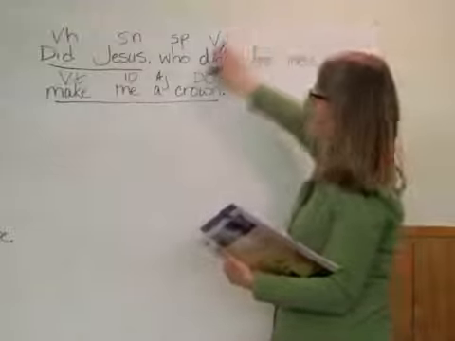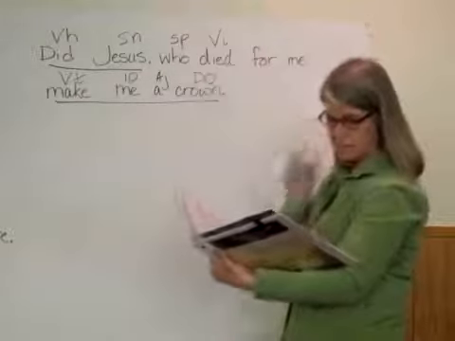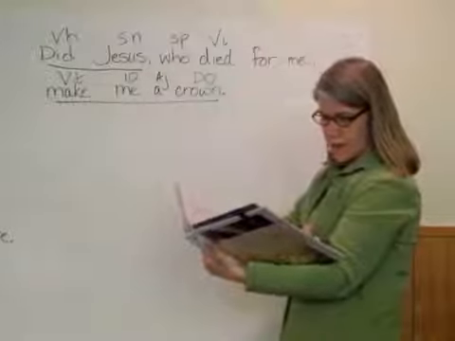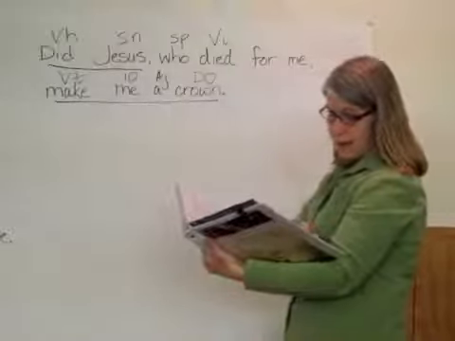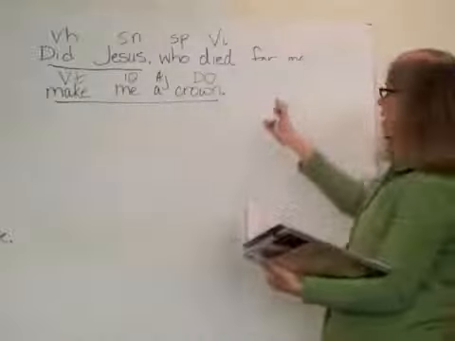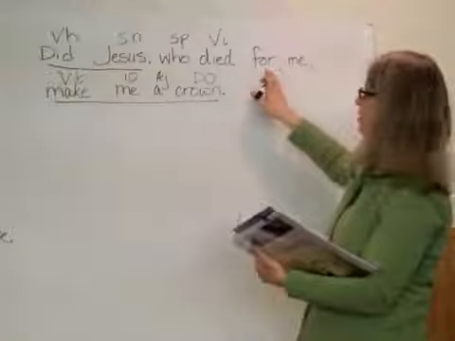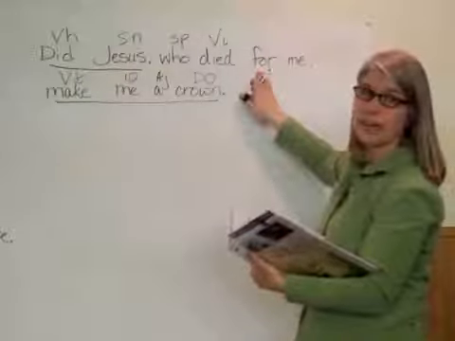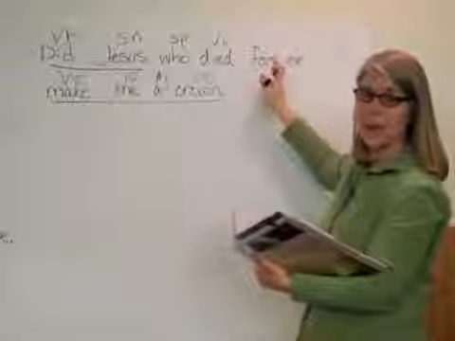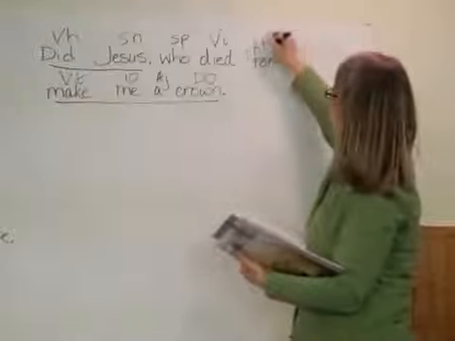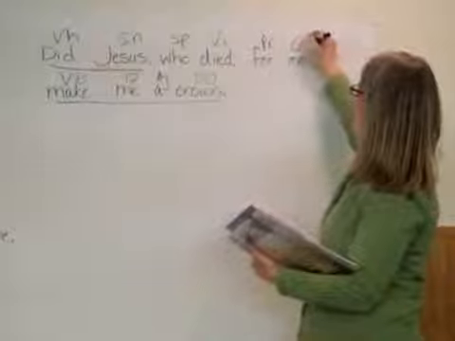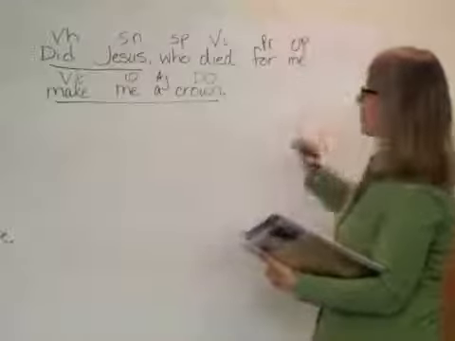So that makes this verb intransitive. Why did he die? For me, prepositional phrase, and it's going to be adverbial because it's answering the question why, which is an adverb. So this is a preposition, and this is our object of the preposition.